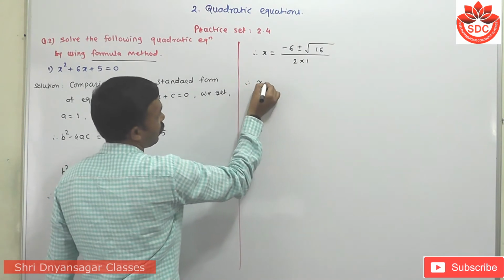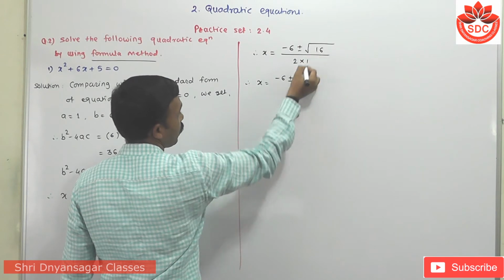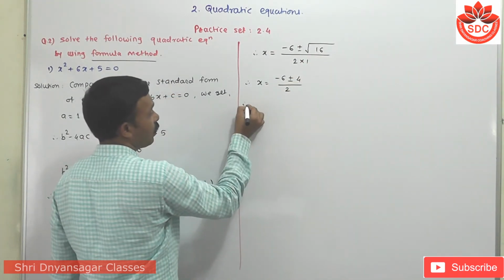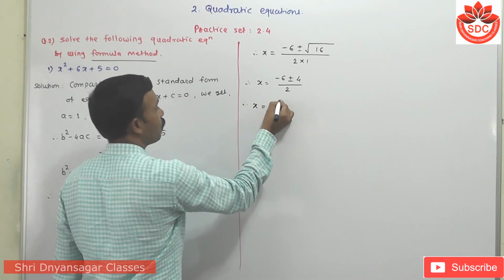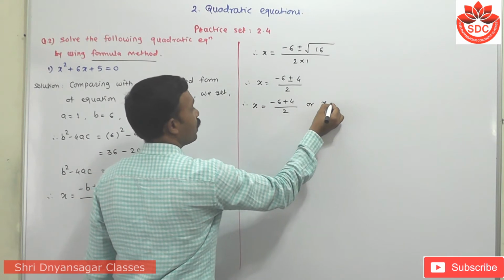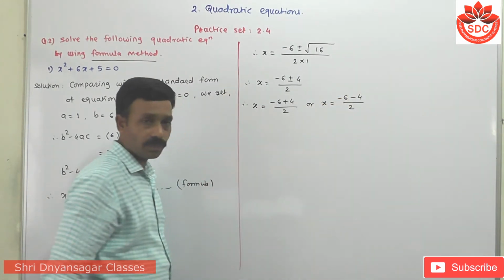Then x is equal to minus 6 plus minus square root of 16, which becomes 4, upon 2. Then we write this 2 times: x is equal to minus 6 plus 4 upon 2, or x is equal to minus 6 minus 4 upon 2.